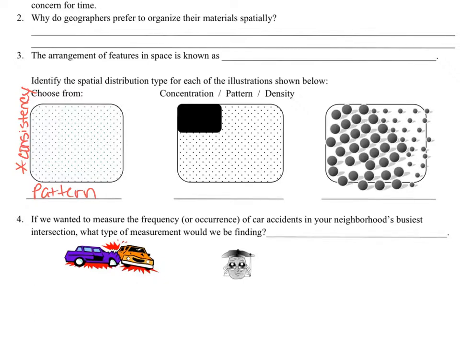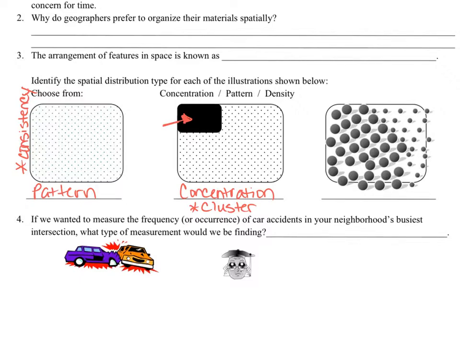Okay, now the next one. Next one's easy. Concentration. Yeah, that's concentration. I think in the book it said cluster. That's why it's a concentration, because we see a concentration. It's all filled in.